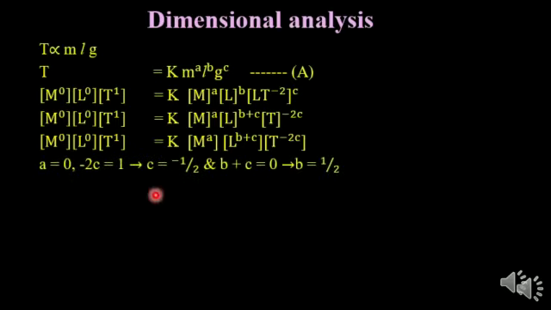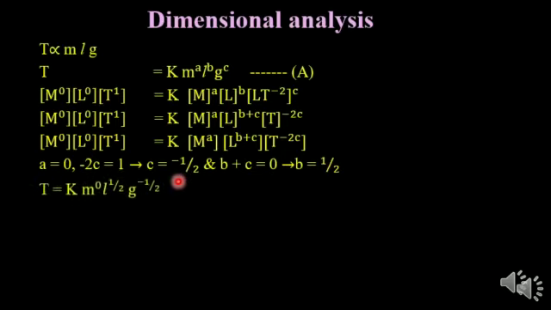After comparing the powers of dimensions M, L and T, and after solving it, we get a equals 0, b equals plus half and c equals minus half.